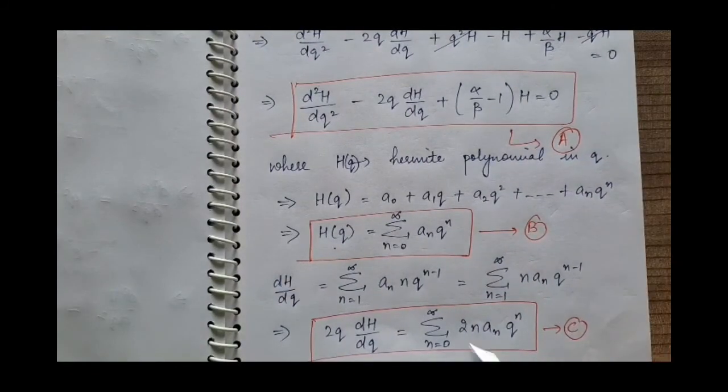And now we have to find the value of the double derivative of the Hermite polynomial with respect to q.